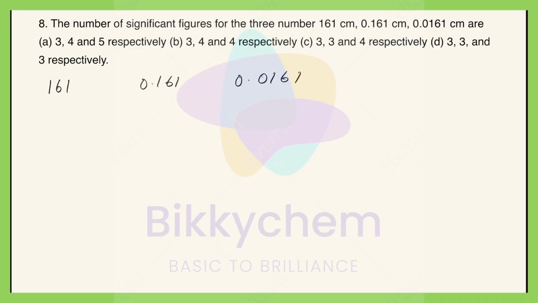This first number has 3 significant figures, this one also has 3, and this one also has 3 significant figures, because in this case the numbers 1, 6, 1 are directly counted, and in the other cases the preceding 0 is not counted as significant, so 161 is the only significant figure. So the option will be D.